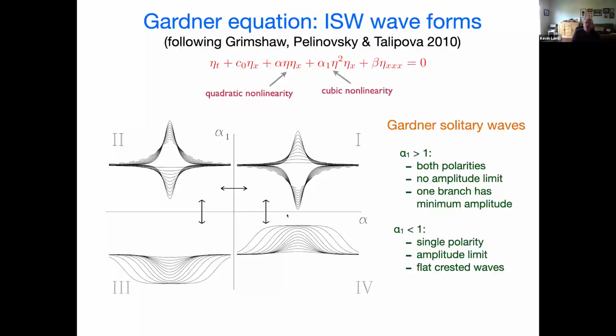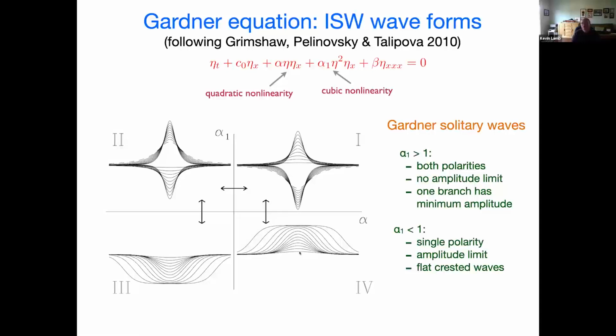Sticking with alpha greater than 0, if I now make alpha 1 negative, so now I'm down here, I find I only have the waves of elevation that the KdV equation would predict, but now there's an amplitude limitation. So we get these flat crested waves.